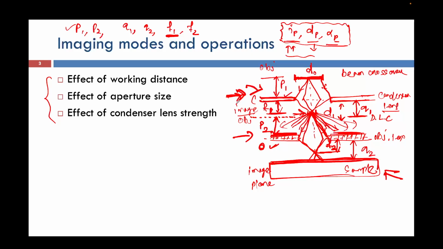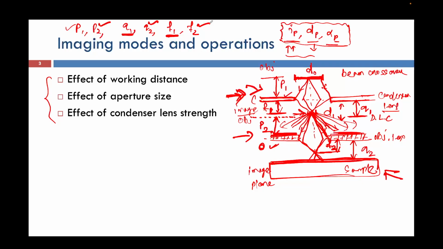That image distance from the condenser lens is given by q1. The same terminology we use for the objective lens: p2 is the distance of the object from the lens, q2 is the distance of the image from the lens, and f2 is the focal length of the objective lens.